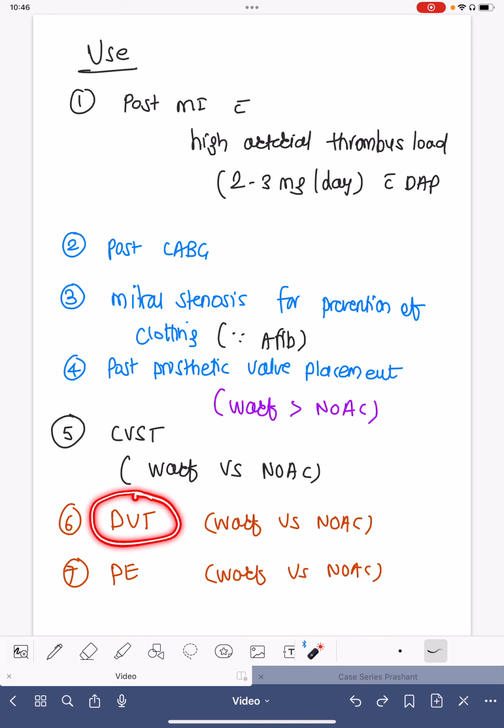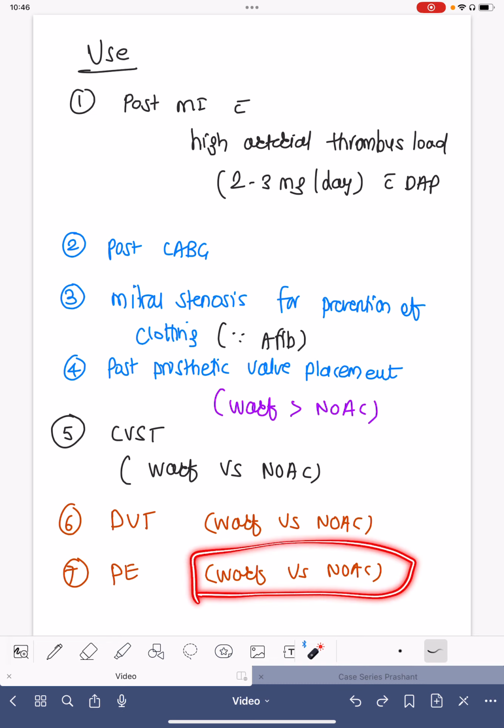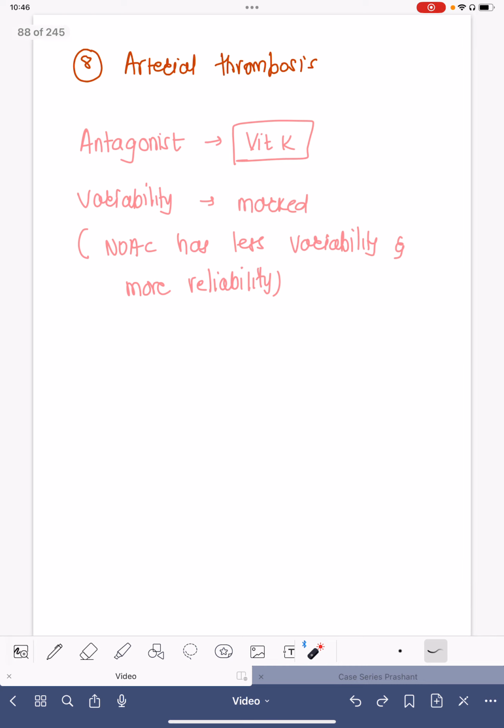For deep venous thrombosis as well, warfarin is used in a dosage of 4, 5, 6 or 7 milligram till the target INR of 2 to 2.5 is achieved. For pulmonary embolism treatment and prevention, warfarin is again used, with a target INR of 2 to 2.5 or 2.5 to 3, depending on the patient's individual characteristics.